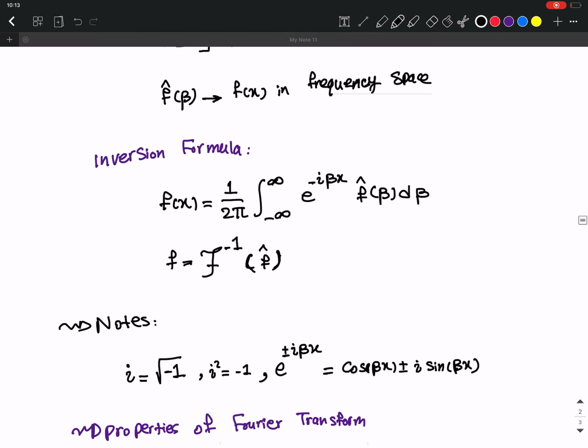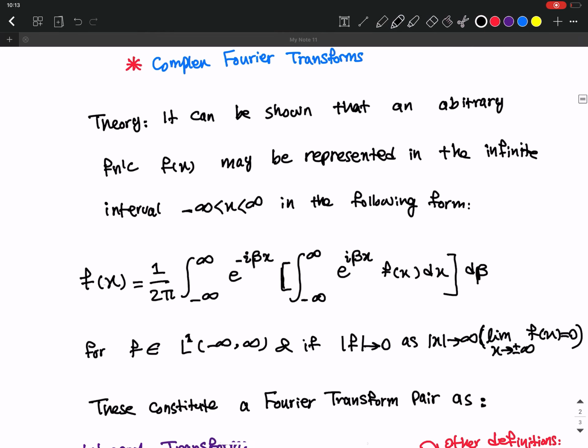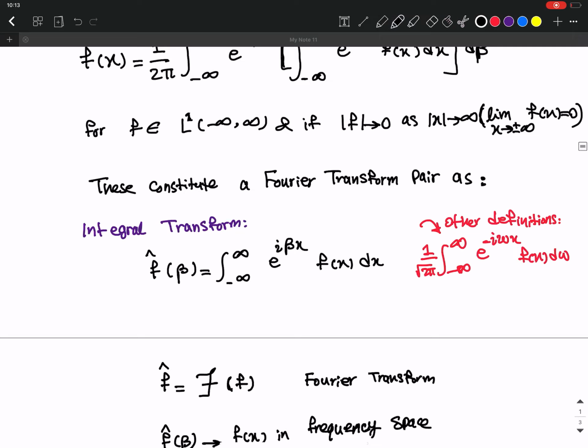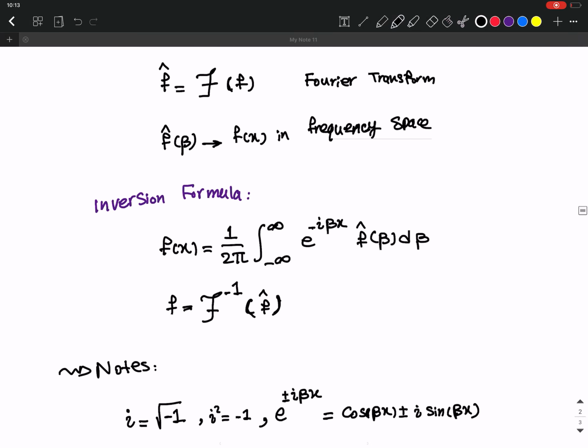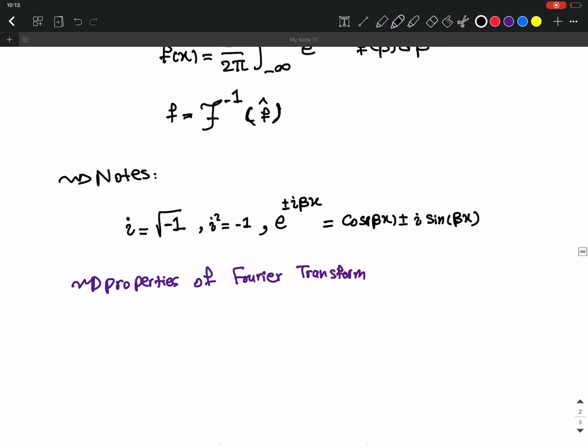Up to here, it was just some definitions that we made, and now I want to talk about some of the properties of the Fourier transform that you can use to solve PDEs. Okay, so the first property is the linearity of this operation, an operator, the Fourier transform operator.